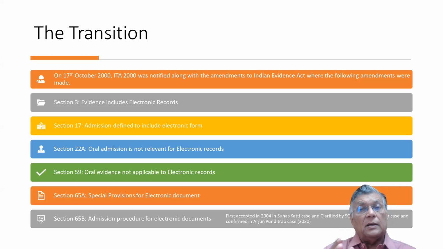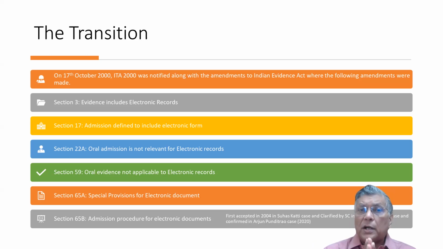But that applied to the category of documents which were not electronic records or electronic documents. Then it went into Section 65A, which said that this is a special provision for electronic documents, and said electronic documents will be admissible as per Section 65B. So therefore, we came to Section 65B as a special provision applicable to electronic documents.